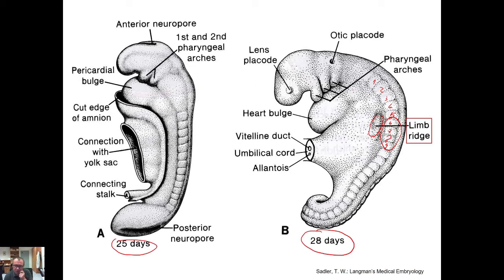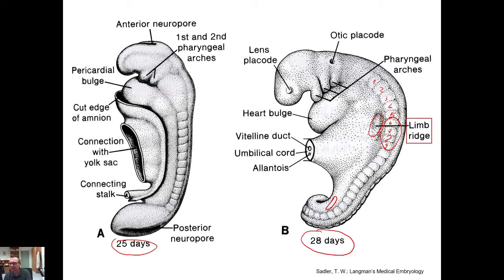Some textbooks say that it is 26th day, 27th day, so let's say at the end of the 4th week. About 2 days later, another ridge is forming at the level of lumbar and sacral segments, and it is a ridge for the lower extremity.